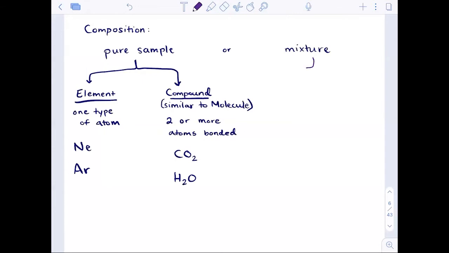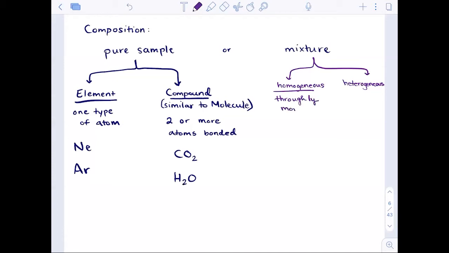A mixture can be a homogeneous mixture, or it can be a heterogeneous mixture. For a homogeneous mixture, it is thoroughly mixed.